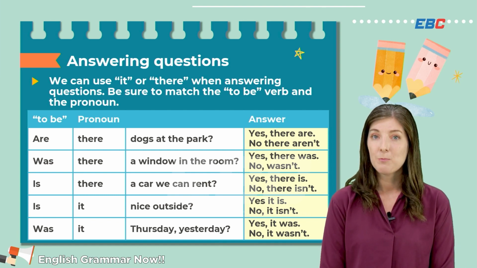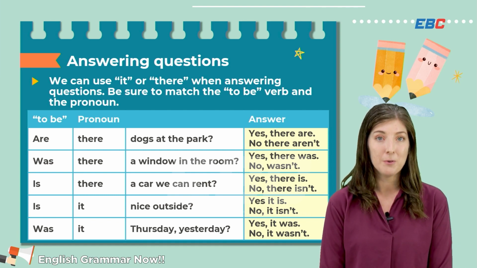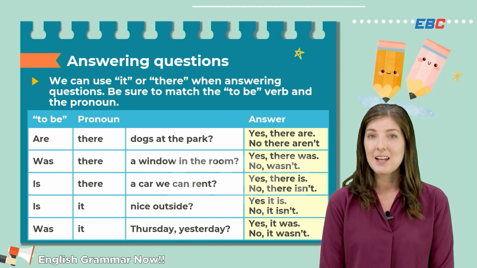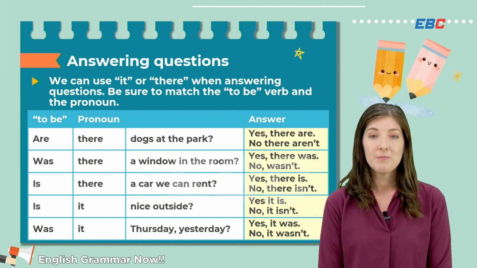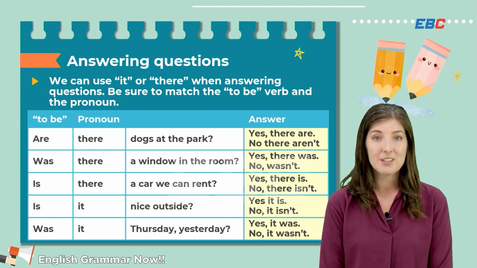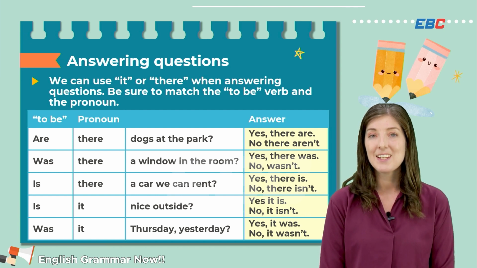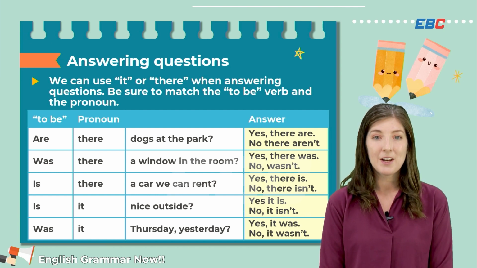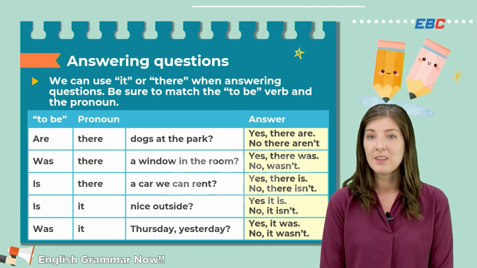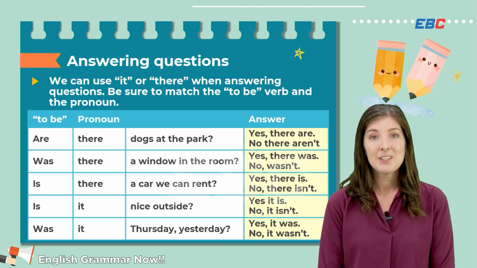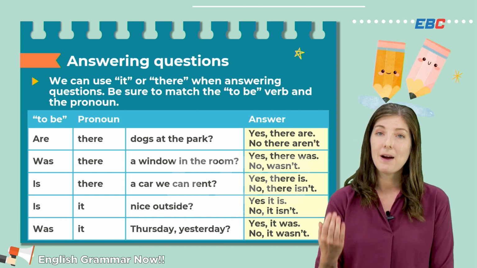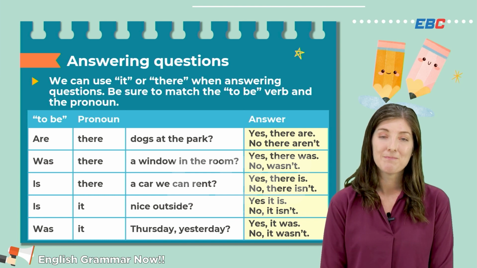The answer will begin with yes or no. Then we might say, yes, there are. No, there aren't. The second example, was there a window in the room? Yes, there was. No, there wasn't. In the answer here, we also have the past form of to be.